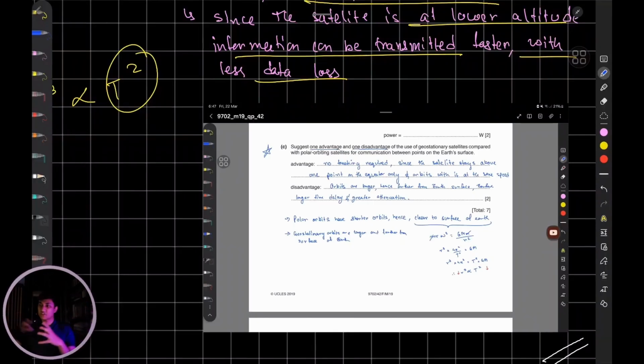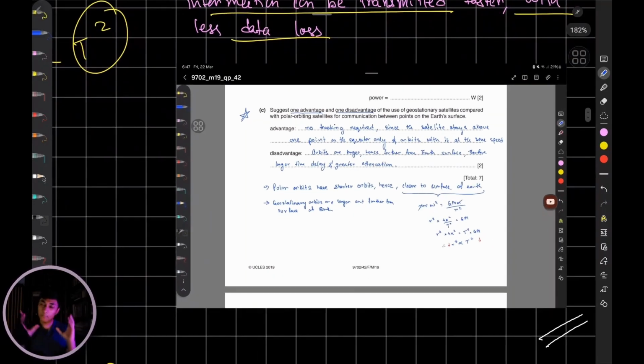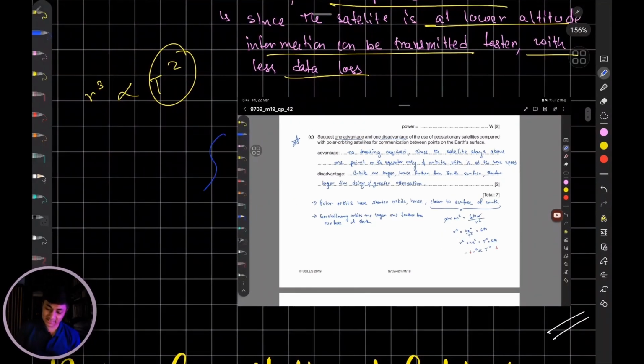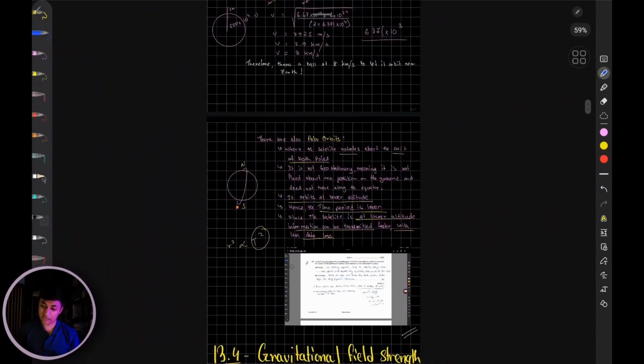So the altitude the satellite is at is also very large, which is why there is a lot of data loss, or a lot of time is required for the data to be transmitted. Whereas if it is a polar orbit, it has a lower time period. We set the time period to be lower and keep it at a lower altitude. The benefit of that is we can transmit the information faster. So those are the 2 points, and that is what geostationary orbits are.